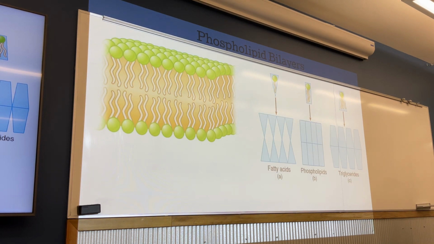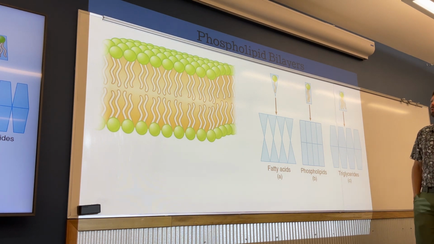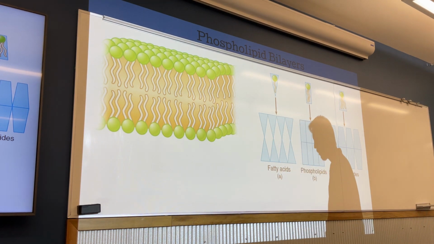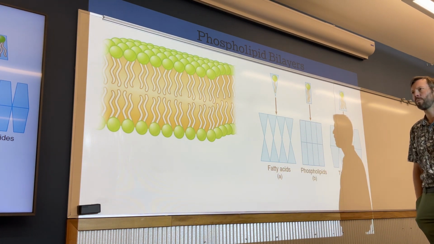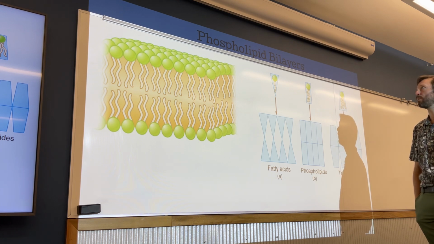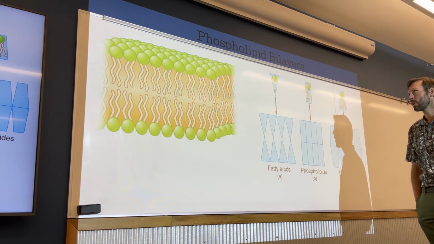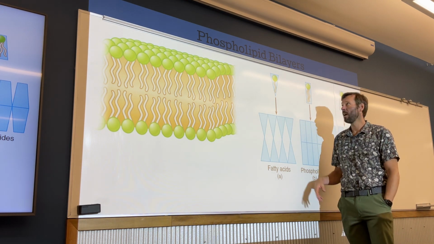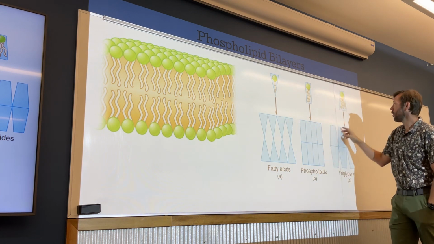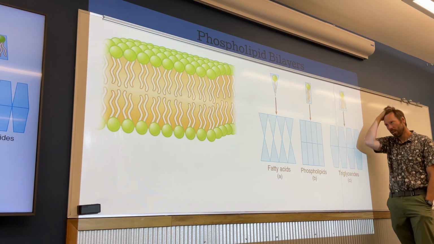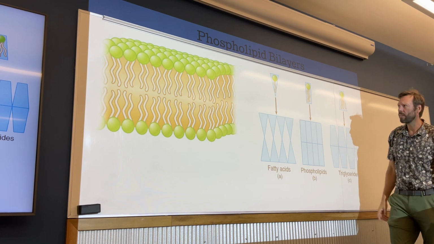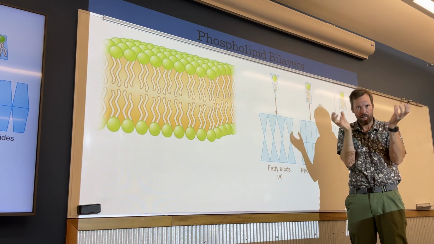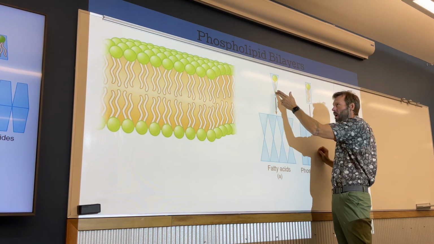But all right. So phospholipids are predominantly recognized as being components of our cell membranes, right? The phospholipid bilayer. And there's a reason phospholipids make up that membrane rather than just fatty acids or triglycerides. If we had a fatty acid, it has a polar head and then the non-polar tail.